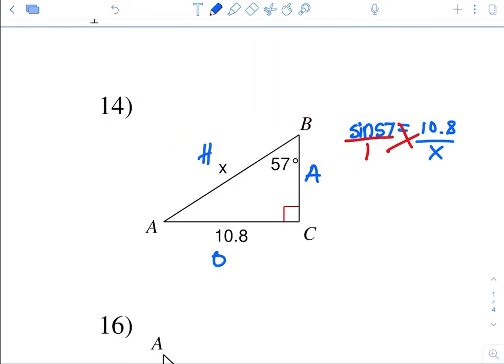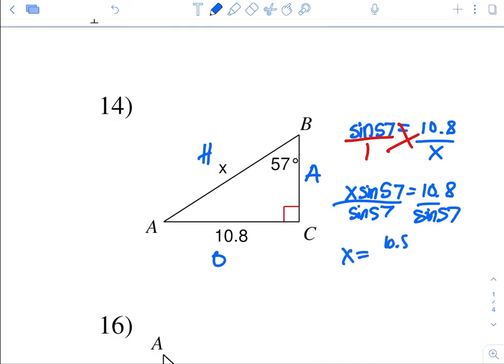So we get x sine of 57 is equal to 1 times 10.8, which is just 10.8. Need to isolate x, so divide both sides by sine 57. Put that in your calculator, and you should have gotten 10.8 divided by sine 57, 12.9.